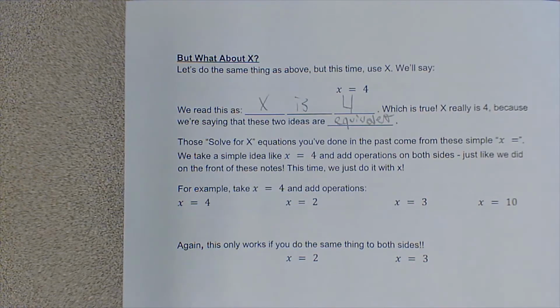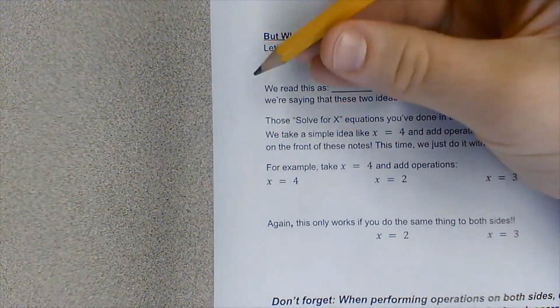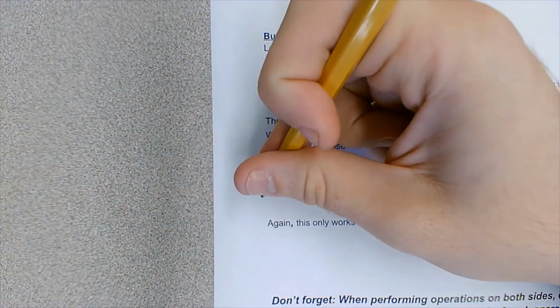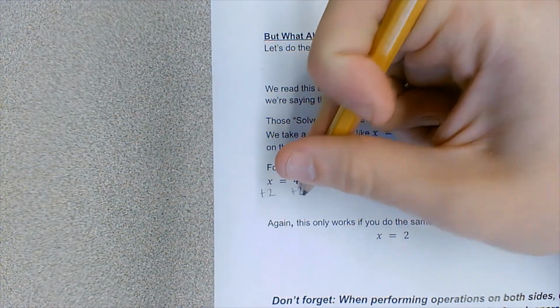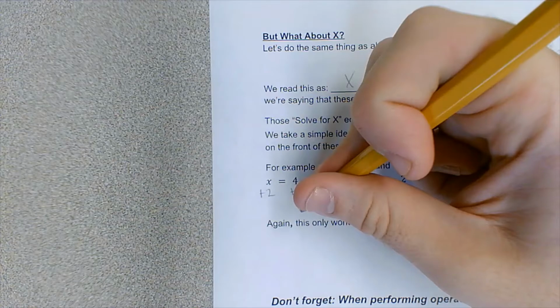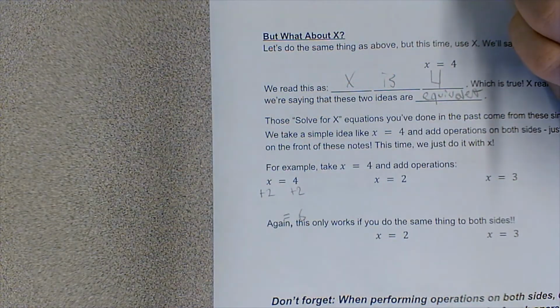So, for example, let's take X equals 4 and add operations. Let's say I want to do something simple. Just making up something random, I'm going to add 2 to both sides. I'm going to do the same process as before, but now I'm going to do 4 plus 2 is 6. But you'll remember, I can't add variables and numbers.